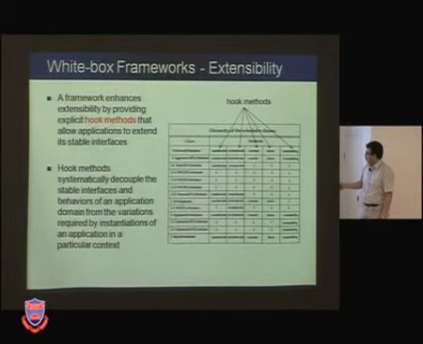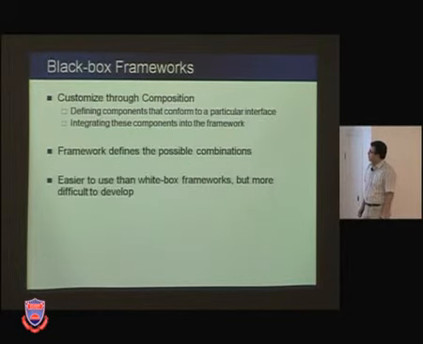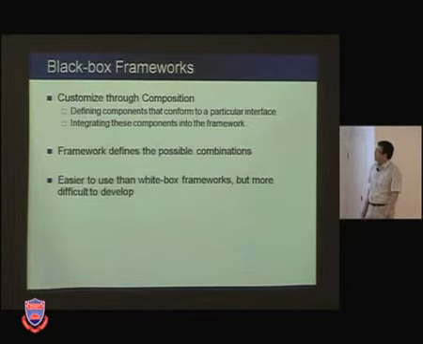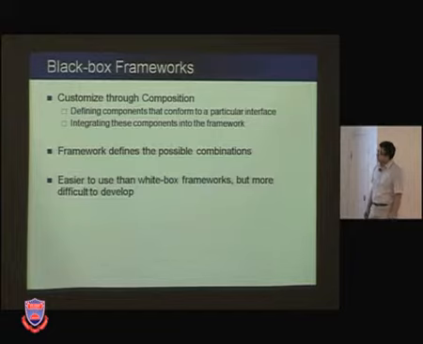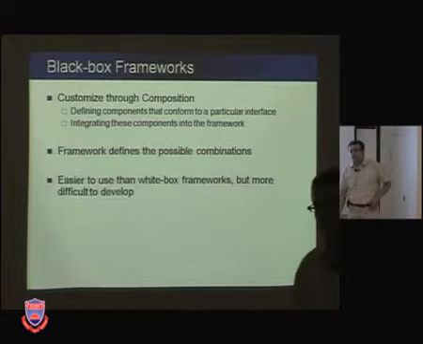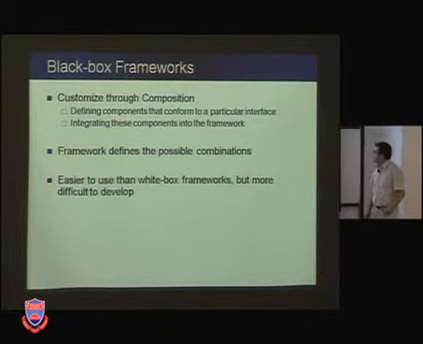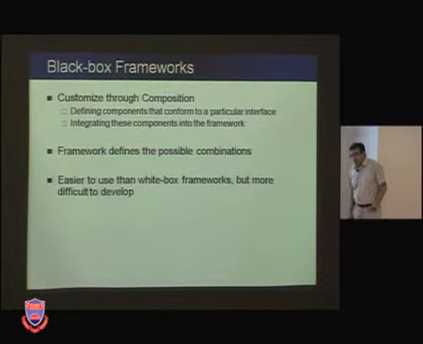So the user can just inherit from this universal scheduler class and then redefine the methods. With black box frameworks, we don't have a view on the internal details. We have just the requires and provides interface, and the customization is basically through composition. But the framework can define the possible combinations.